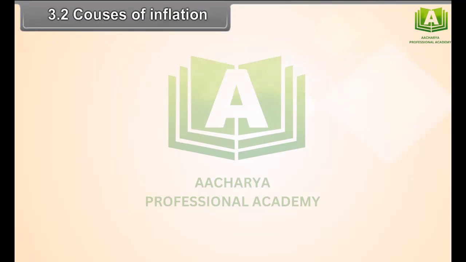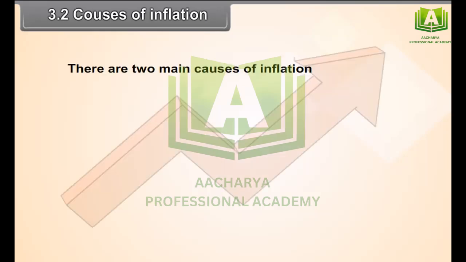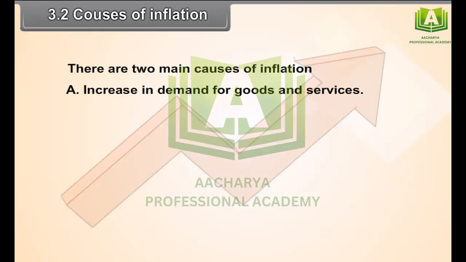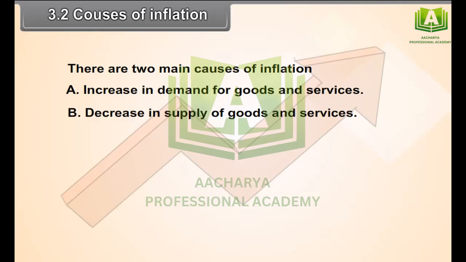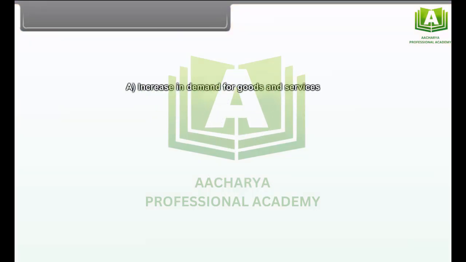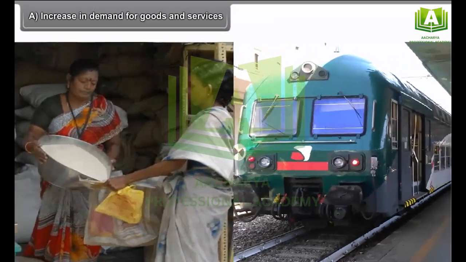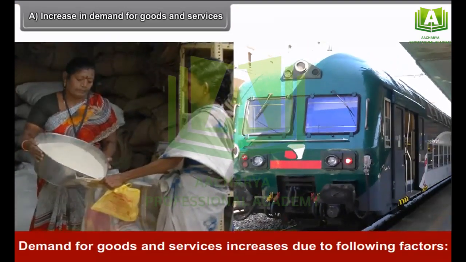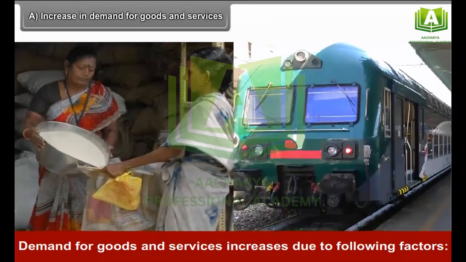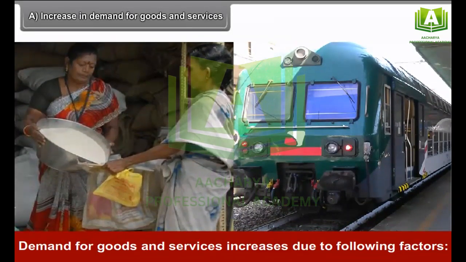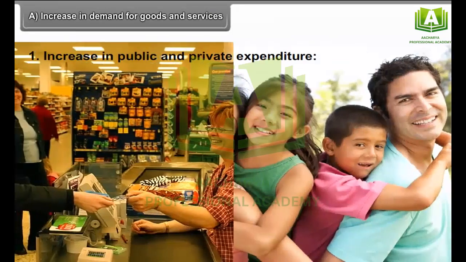3.2 Causes of inflation. There are two main causes of inflation: increase in demand for goods and services, and decrease in supply of goods and services. Increase in demand for goods and services. Demand for goods and services increases due to the following factors. 1.